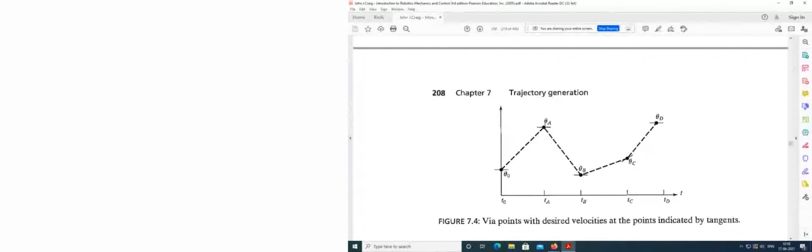So I know one condition at this point, similarly one more condition at this point, and one more condition at this point. So I know two conditions at the beginning and end, then I have one condition in the middle. So far I have 2 plus 2, 4, 5, 6, 7 conditions.